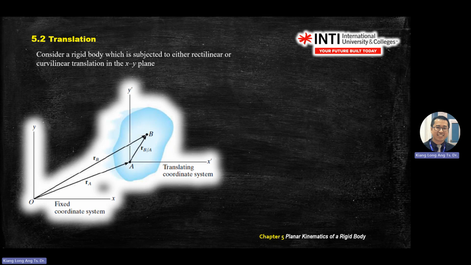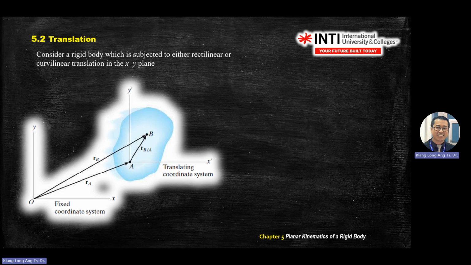Then you start to link the location in vector form. In this case, referring to O to B, O to A, by using r sub B, r sub A. By using a vector arrow, so the arrow direction is important.